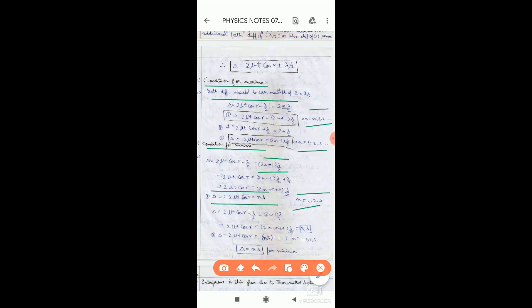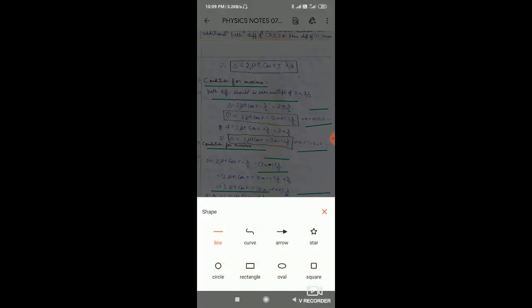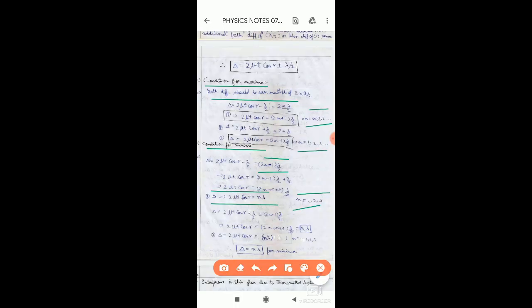It can be written as the path difference for minima is equal to n lambda, as shown here.